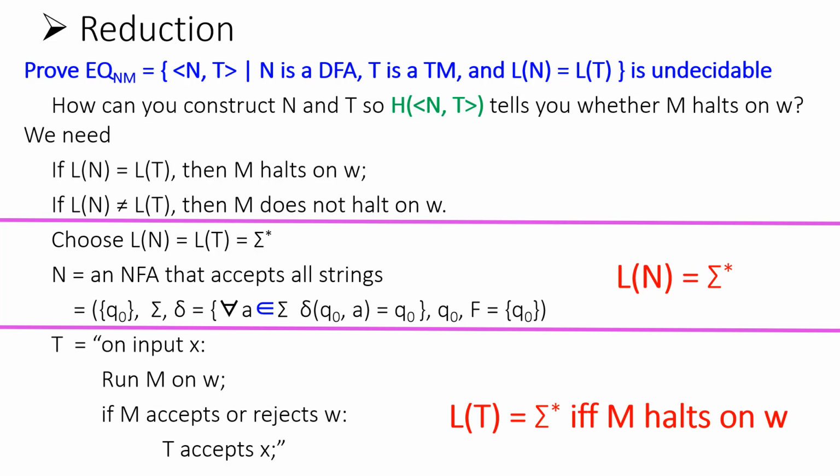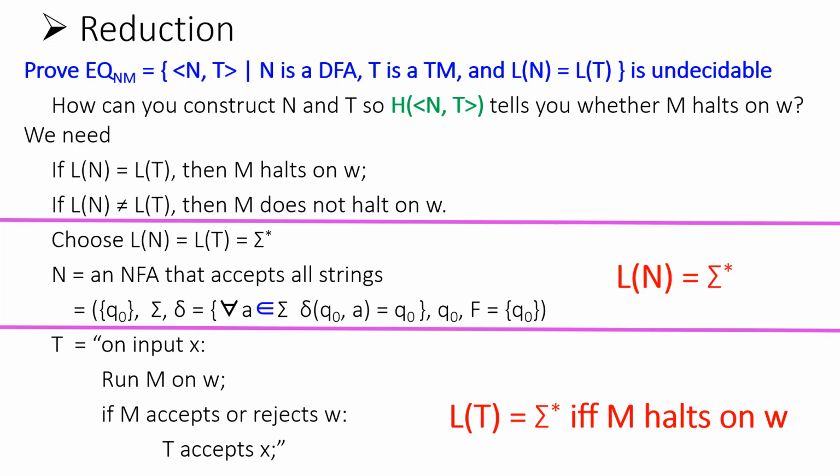With this clear definition, it is very easy to construct N. We only need one state and add a self loop on every symbol in sigma. And mark this state as both start state and accept state.